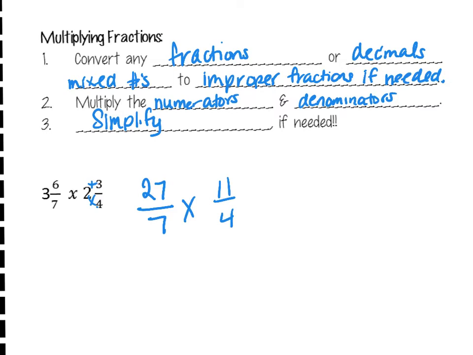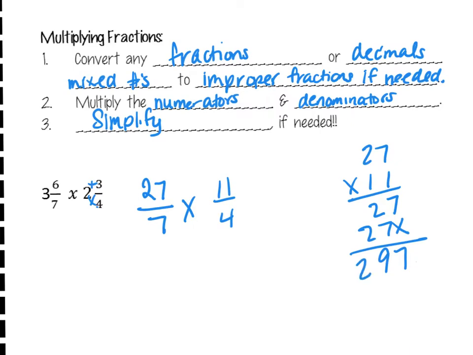If I can cross simplify, I do. I can't, so I'm going to multiply straight across. 27 times 11, so we're getting 297/28.